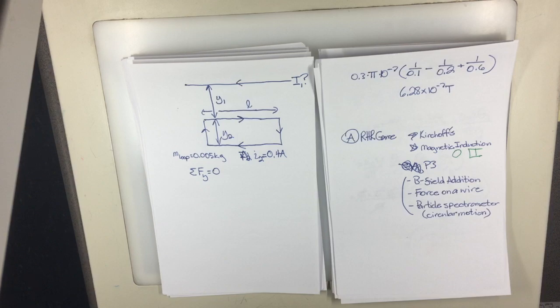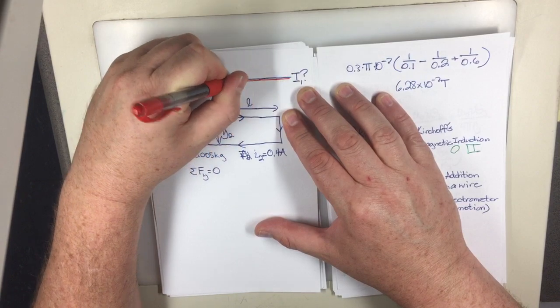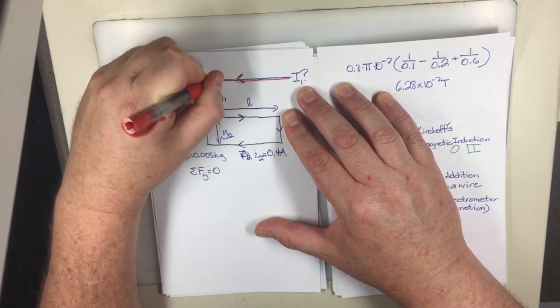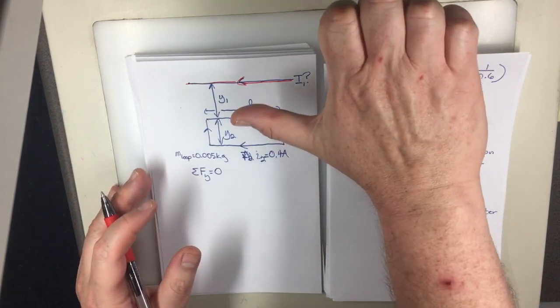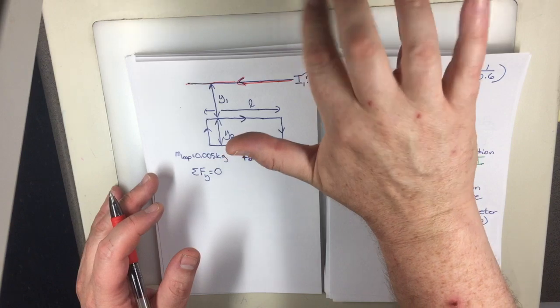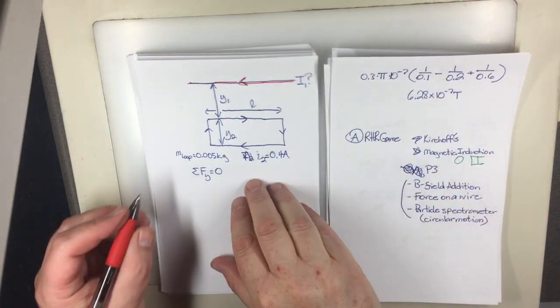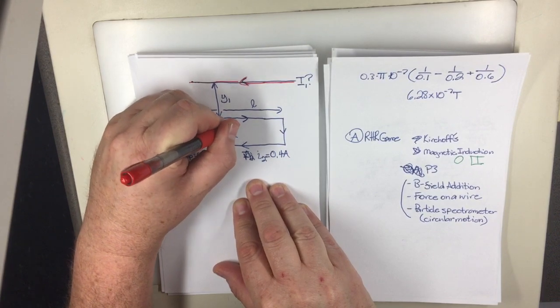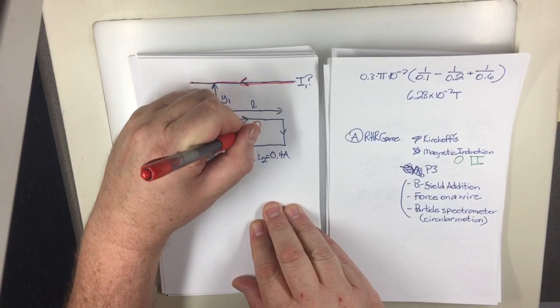The magnetic field produced by this wire, I'll have it marked in red. Put the thumb in the direction of the current, fingers crawl in on top, they crawl out of the board on the bottom. Hold on, I got it reversed.